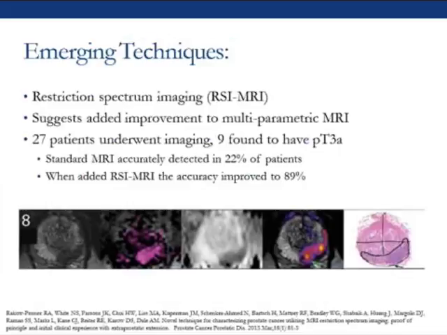Of those 27 patients, 9 had extracapsular extension. Using the standard MRI in this cohort, they were able to identify the extracapsular extension 22% of the time. However, when you added RSI, the accuracy increased to 89%. So I think the future of imaging for prostate cancer will be a lot of new techniques, new ways to help characterize these lesions that we see on MR.